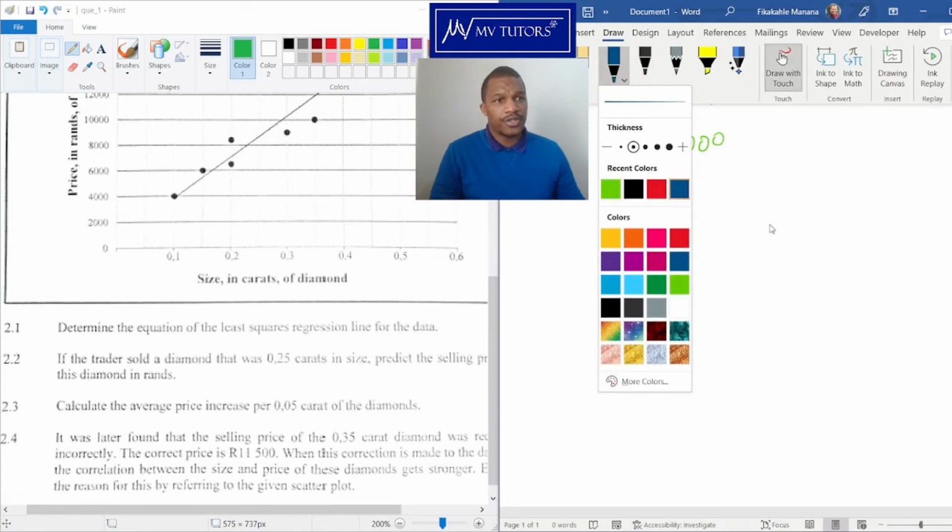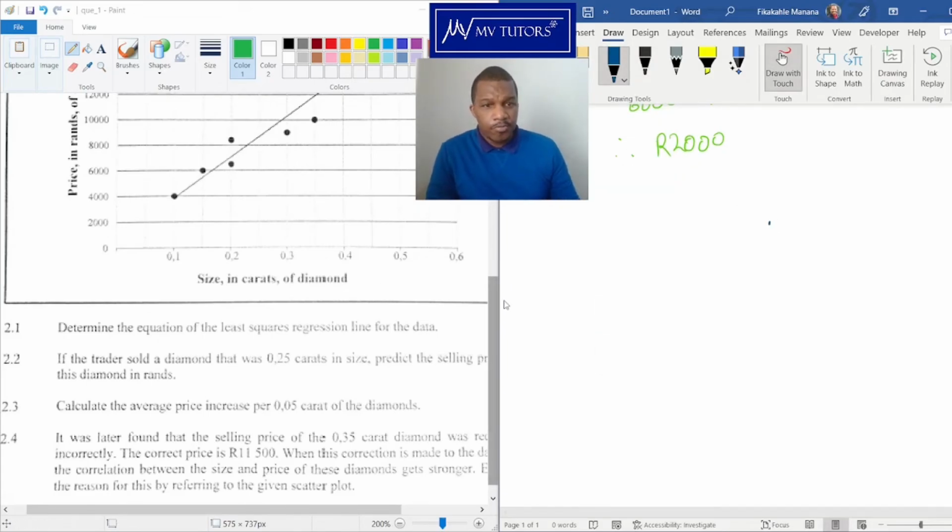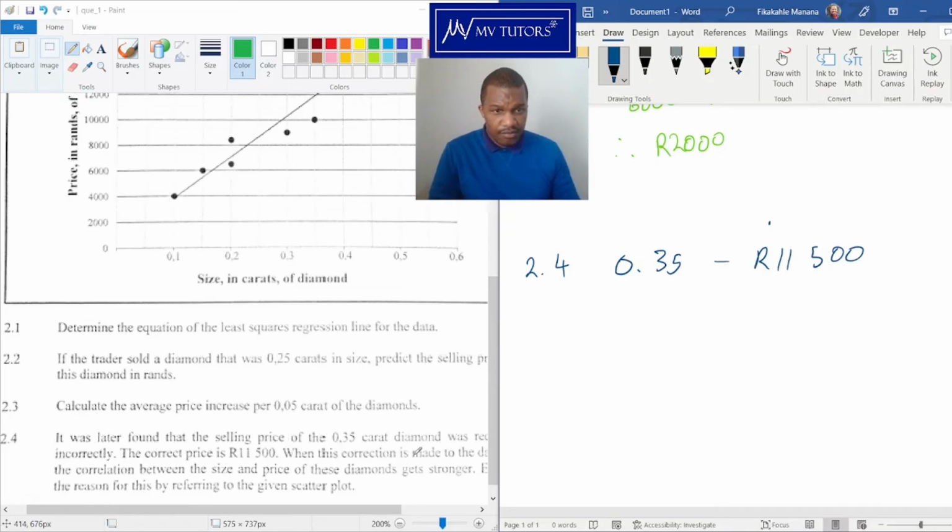Let's go blue this time. They are saying 0.35 was recorded incorrectly. This is for 2.4. The correct price is 11,500.